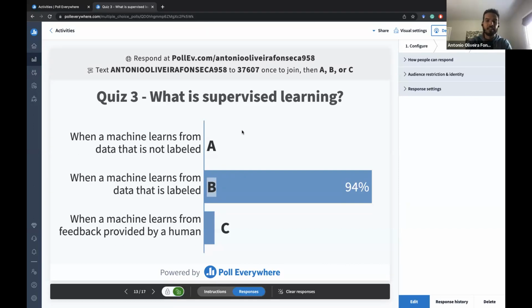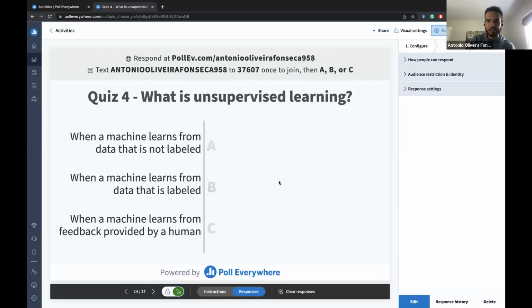If the feedback is labeled, so this should be this specific label, and I'm trying to optimize the method to approximate the label, then it's supervised learning. It depends a lot on the type of feedback being given. Okay, great. Next question.